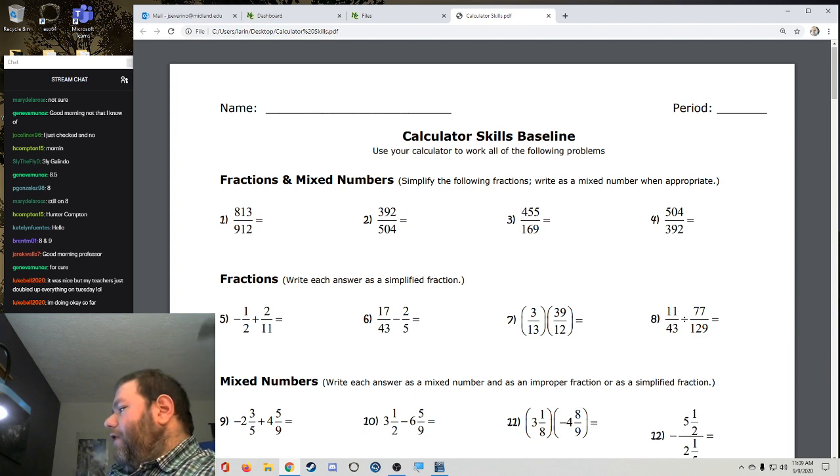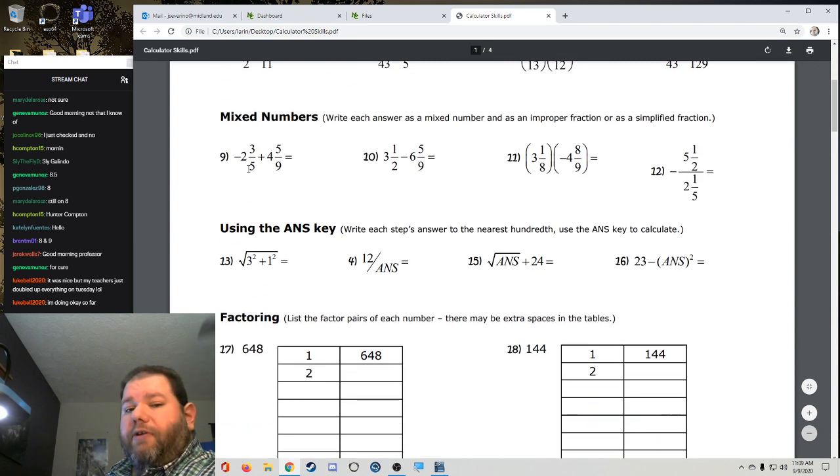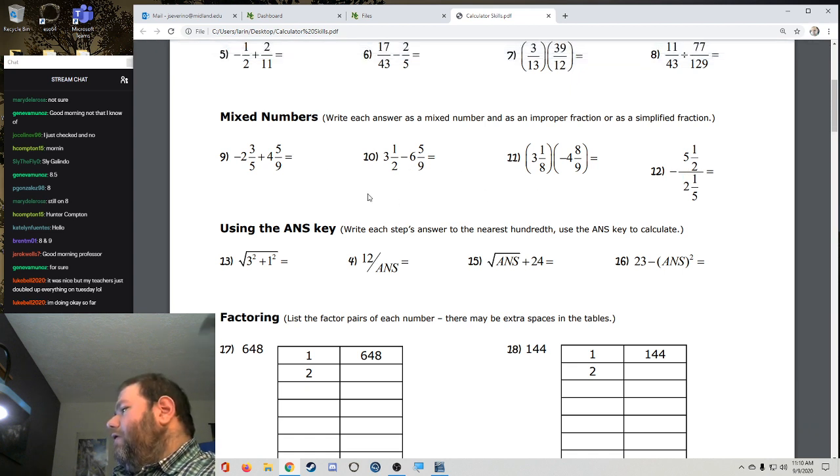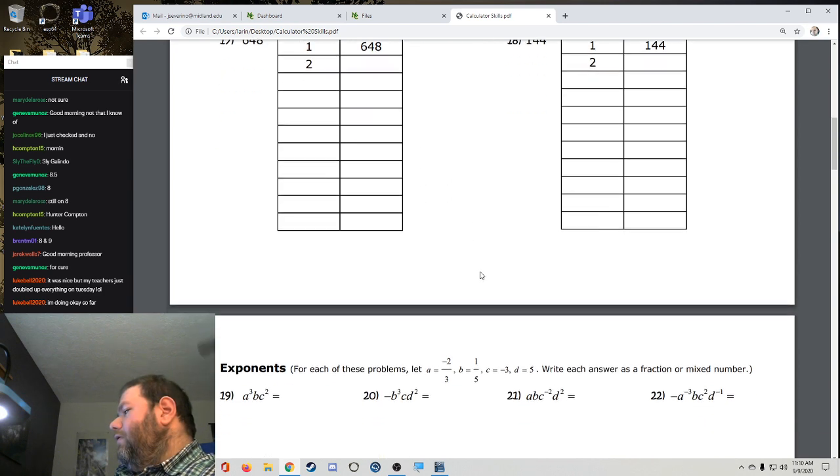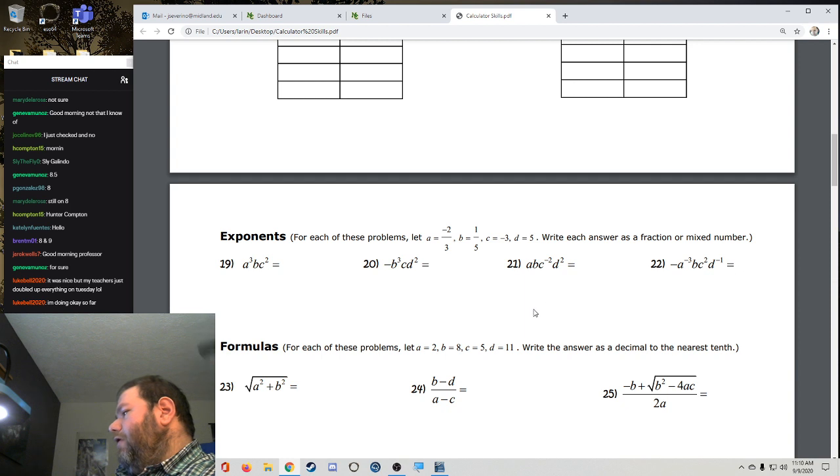Then working with mixed numbers: add, subtract, multiply, and divide. And then using the Ans key, the answer key on your calculator. Listing the factors of different numbers. And so on. And with exponents, just plugging in numbers and calculating values of exponents.